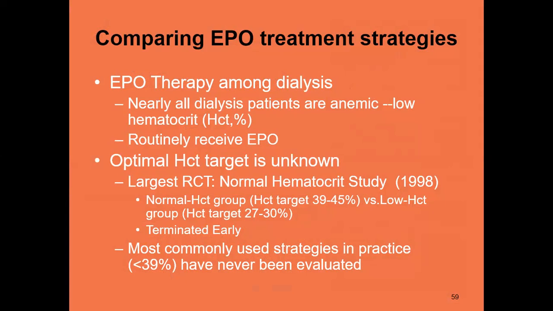The largest RCT, which is called the normal hematocrit study, compared two target hematocrit levels, 39 to 45% versus 27 to 30%. However, the most commonly used EPO treatment strategies in practice, which is less than 39%, have never been evaluated.